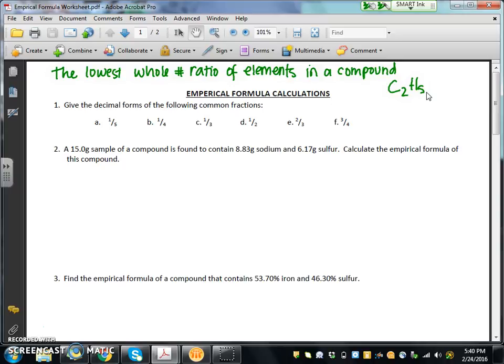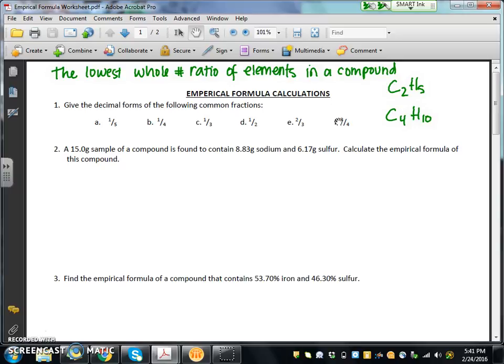But if I had a compound that said C4H10, I know that I could reduce the 4 and the 10 by dividing by 2 in order to get to C2H5. So I would say that C2H5 is the empirical formula for C4H10. So it's just telling you the lowest ratio of your elements. It's not necessarily the exact number, but it's the lowest ratio.